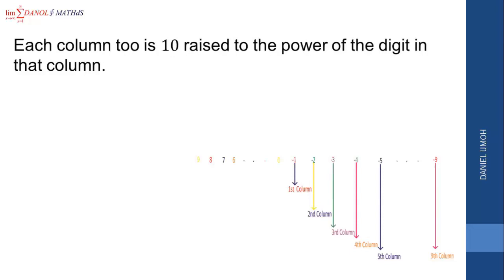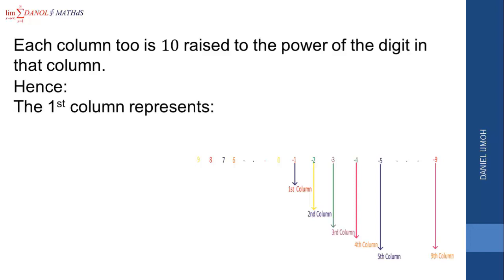Now, each column is 10 raised to the power of the digit in that column, as we explained in lecture 1. Hence, the first column represents 10 raised to the power of -1, because the digit there is -1. So 10 raised to the power of -1 is equal to 1/10 raised to the power of 1, according to the rule of indices.